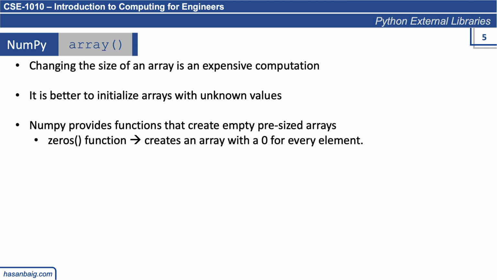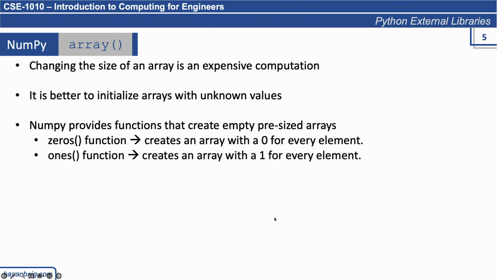So that is why it is important that you can create an array with predefined values, let's say all zeros, or all ones. The ones function creates an array with 1 for every element. The zeros function creates an array with 0 for every element.